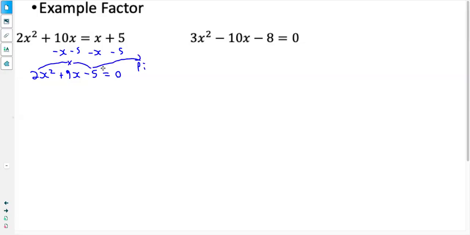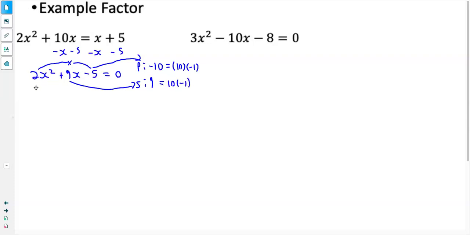So our product would be 2 times negative 5, so that's going to be negative 10, while our sum is 9. So two things that multiply to negative 10 and add to 9 would be 10 and negative 1.